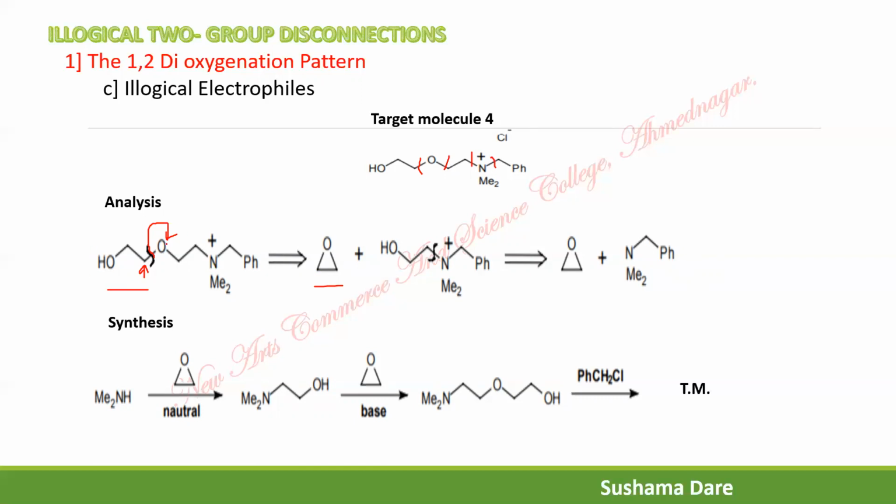So for the remaining oxygen minus sign, the synthetic equivalent is just you write down the hydrogen. So which is the next disconnection? Again you can see here OH CH2 CH2 plus, so the best synthetic equivalent is again epoxide, and the remaining part is the dimethyl group over here on nitrogen and then CH2Ph.